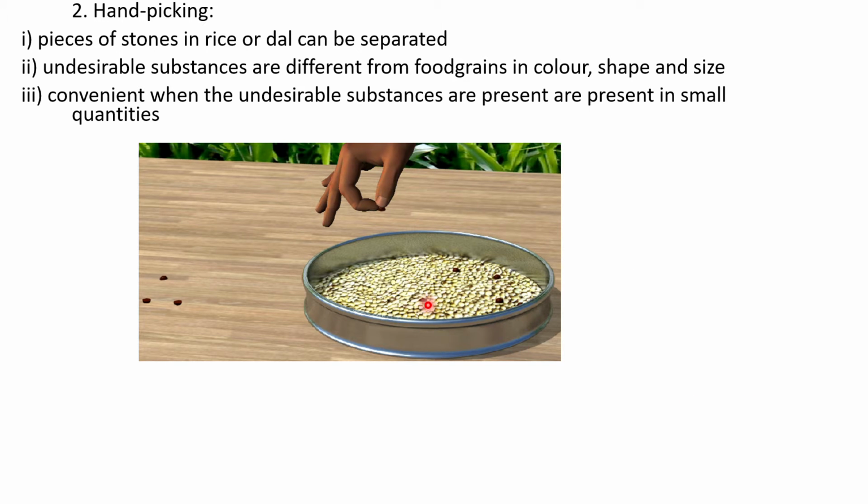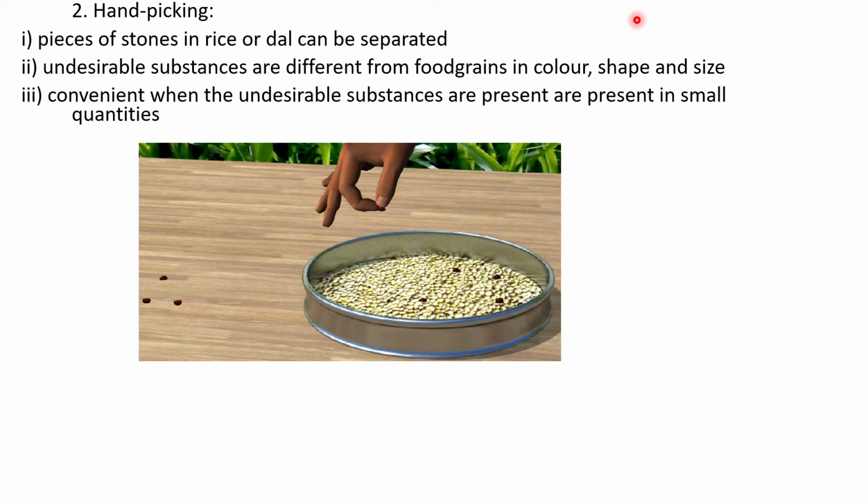Now what is happening here is we are separating the stones from rice or dal. So the property we are using here is the color, shape and size. Both the solids, the dal and the impurity or the undesirable substance, are having different color, shape and size.